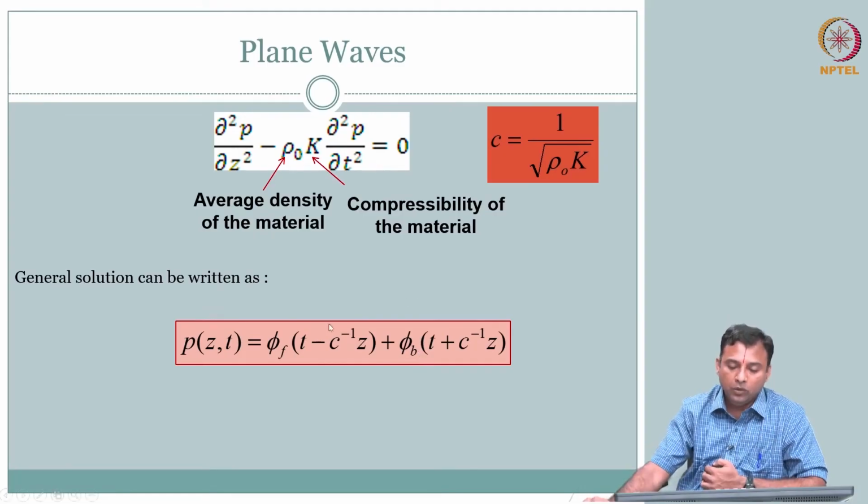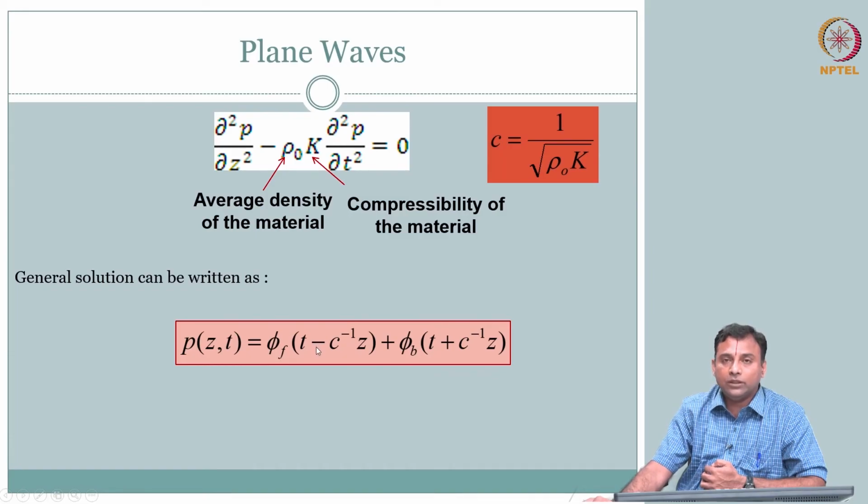These two are independent, and each of them can satisfy the equation. So, a general function of t minus c inverse z is called a forward travelling wave. If you take the general equation, it is a function of c inverse z.